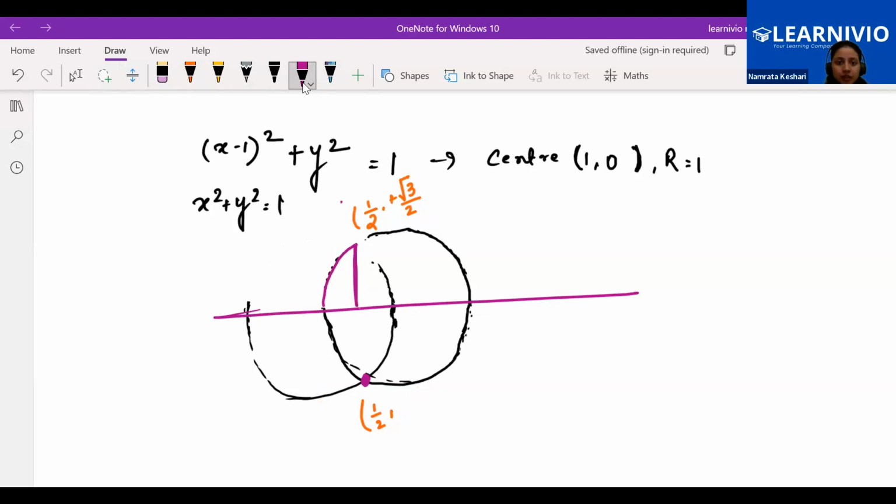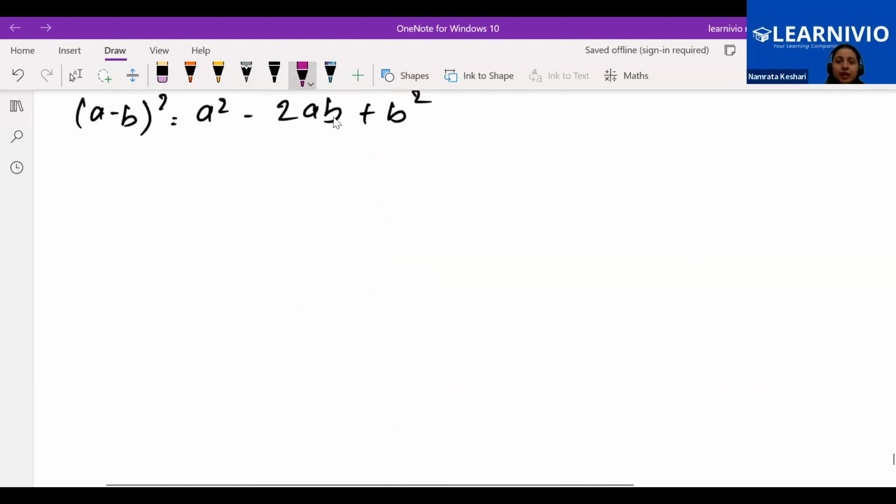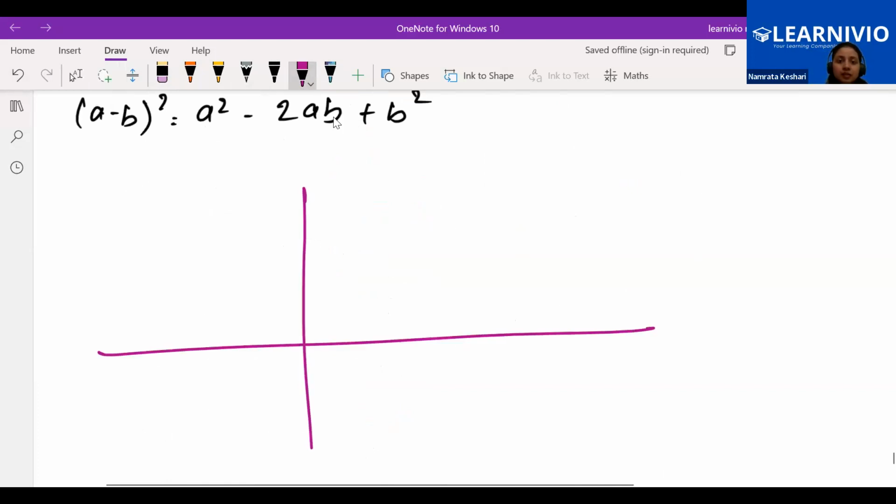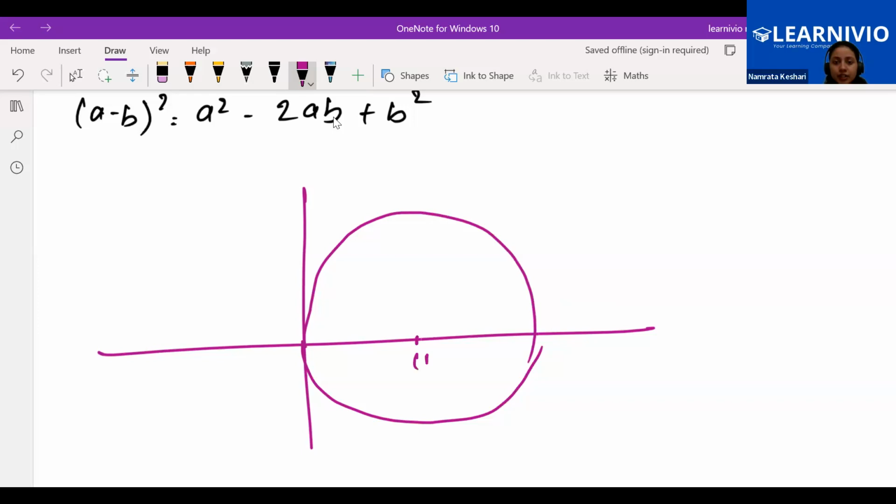From 0, this was the point 0, 0, right? This is the figure we were having. One circle has center 1 comma 0, and another circle has center 0, 0, right? Yes, ma'am.